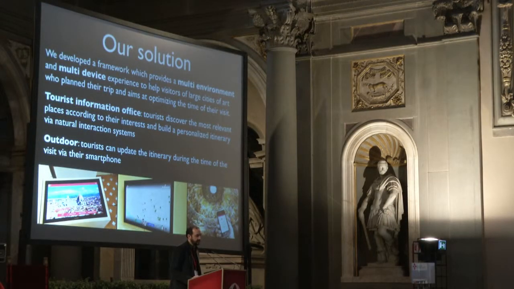So for this, we proposed a framework which provides a service based on a multi-environment and multi-device experience. We created two different experiences for the tourists here in Florence. One is inside the tourist information office, where the tourist can discover new places and the points of interest that he wants to visit, just by interacting with some natural interaction systems.